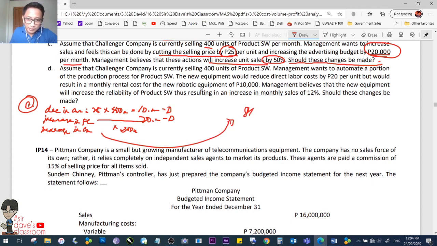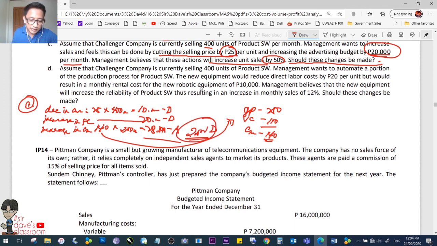Giving you selling price of 250, variable cost of 110, or a contribution margin of 140. 140 times 200, this one must be 28,000. Advantage naman po ito. Okay? So 10,000, 20,000, 28,000, this must be, naku po, disadvantage pa rin. 2,000 net disadvantage. Decision, wag pa rin. Okay? No. For letter C.